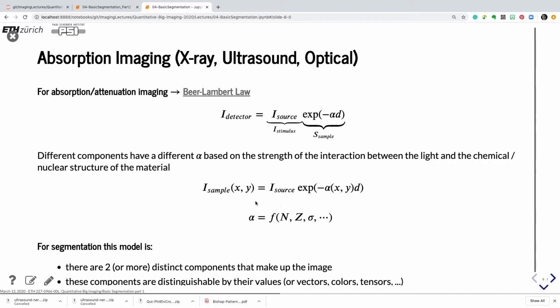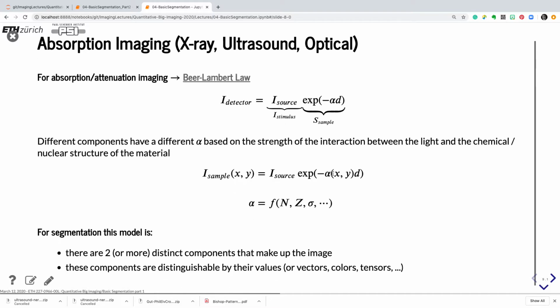And that could be also based on position. So each position has a certain attenuation coefficient, and that depends on many things, depending on the modality. But in principle, what we measure is this quantity here.